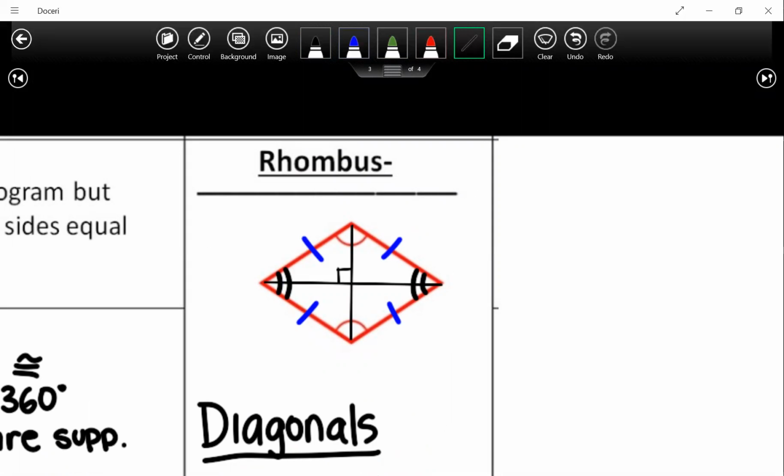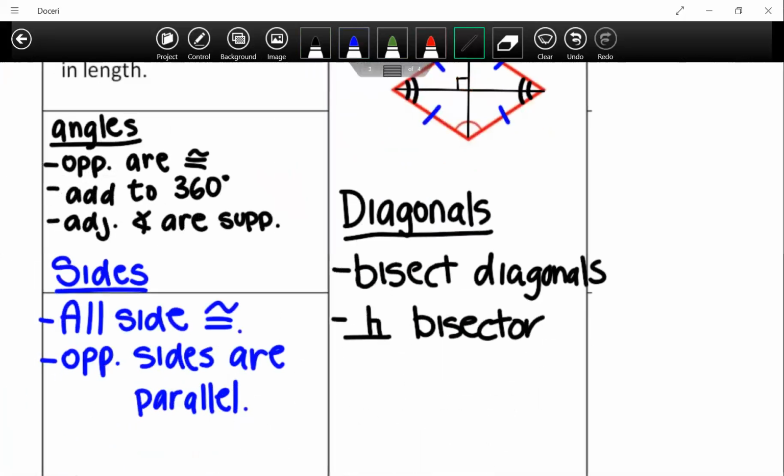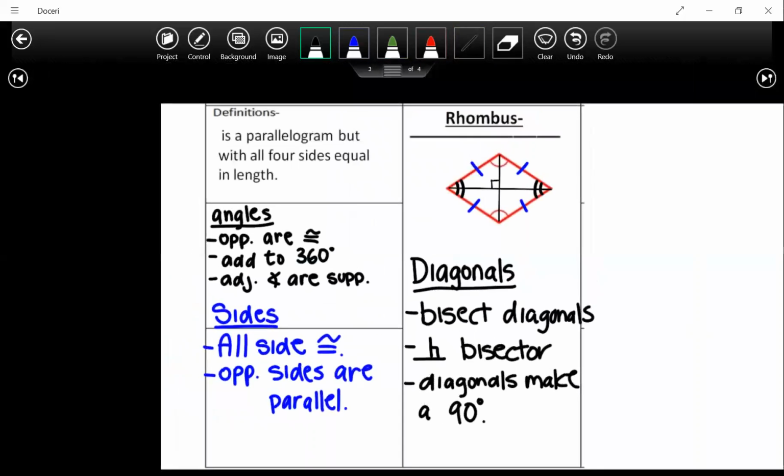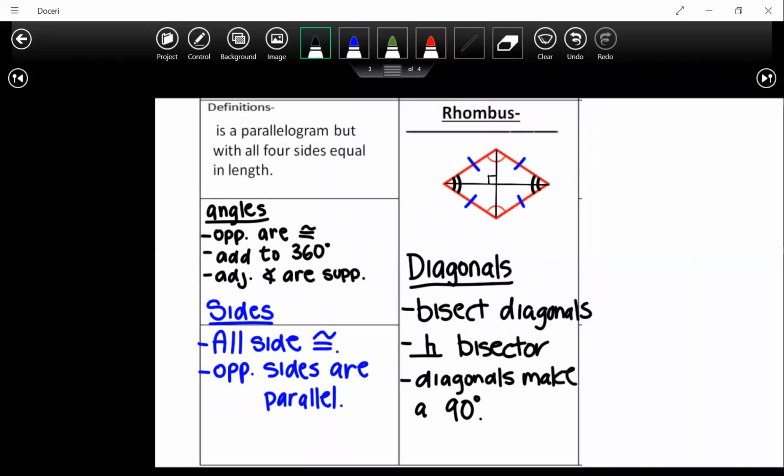Again, we'll talk about in the future. And I'll put diagonals make a 90-degree angle. That's all I really want to say about rhombuses.